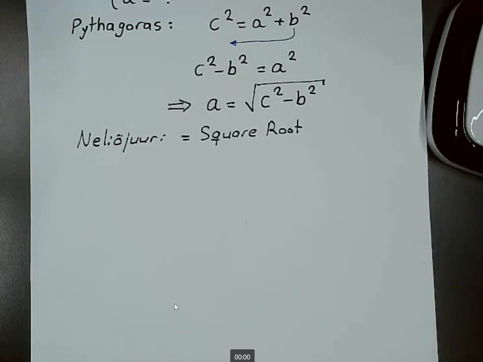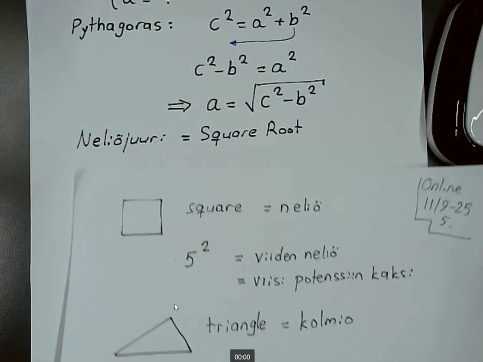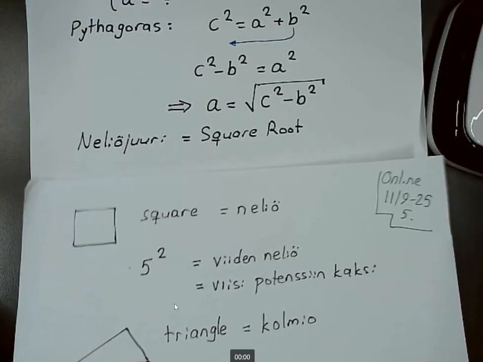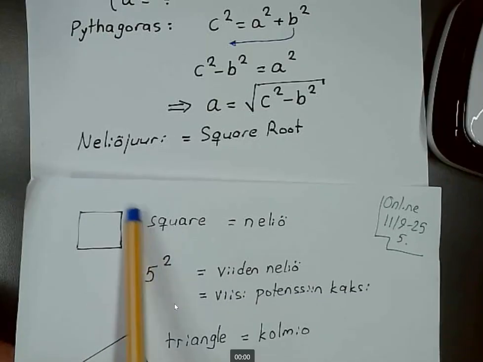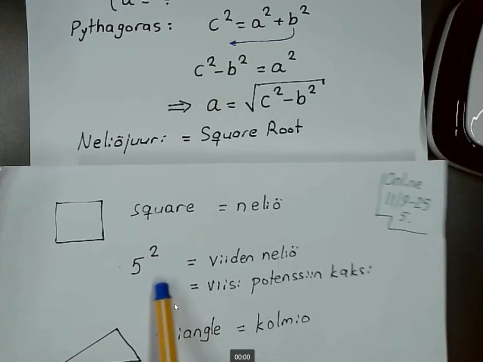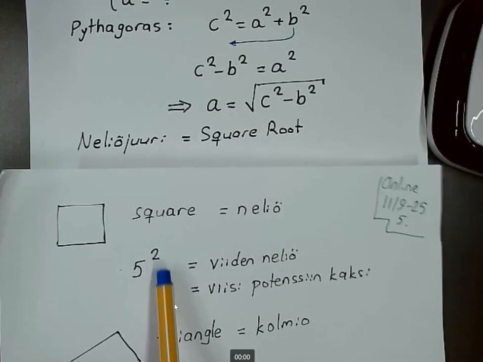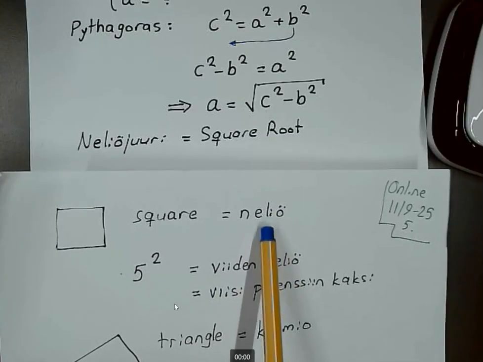Yesterday we had some Finnish words concerning geometry. Here we have had this word square, which meant either this figure of a square or this exponent 2 or power 2, neliö.